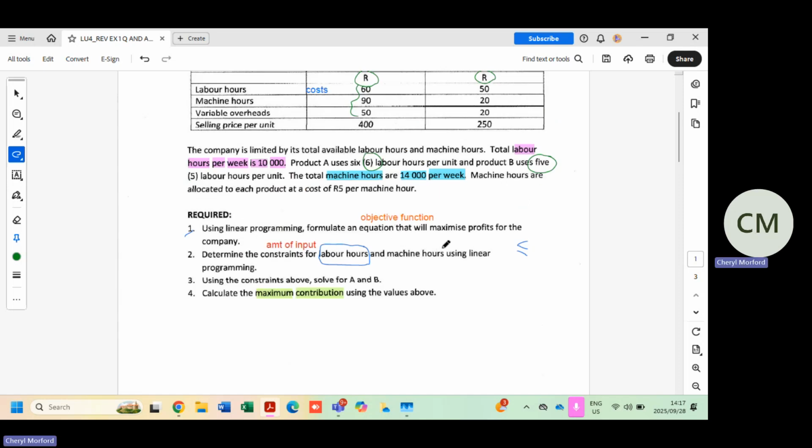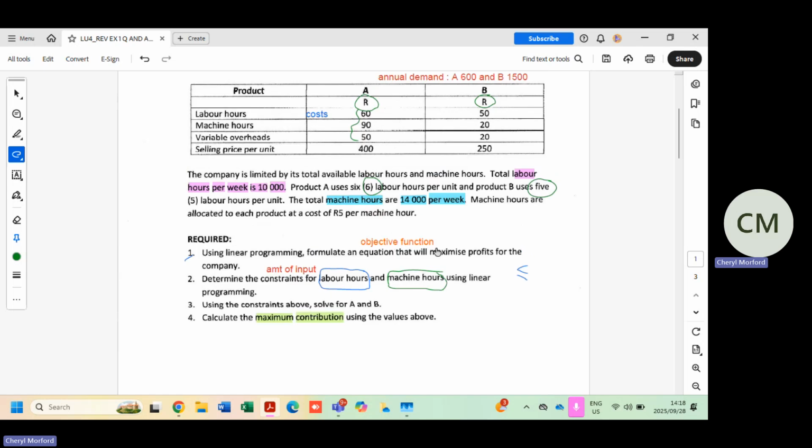Now let's come along and do machine hours. So what do I need again? Hours, not cost, but hours. So let's have a look at the question. Slightly different. It says the machine hours are 14,000 max per week. And it says the hours are allocated to each product at a cost of 5 Rand per hour.